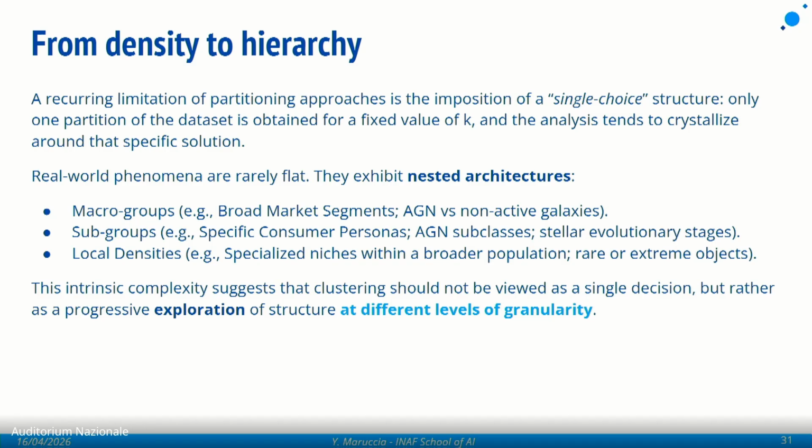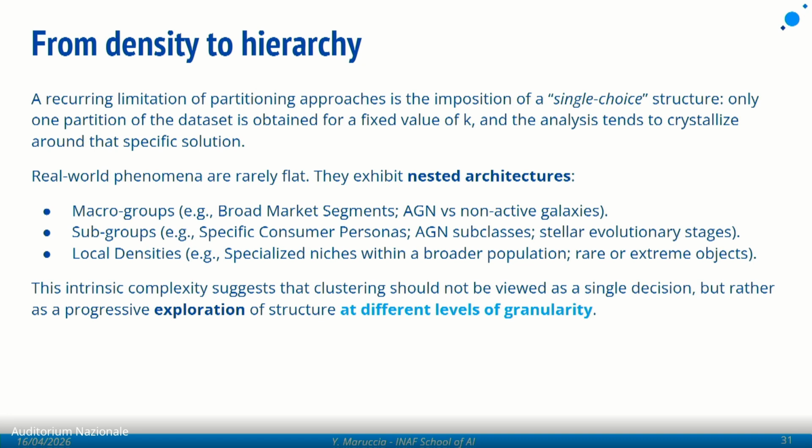For example, we can think of some phenomena that have this kind of structure within the data, because, for example, there are differences in the density distribution, we have subgroups within the data, and so on.